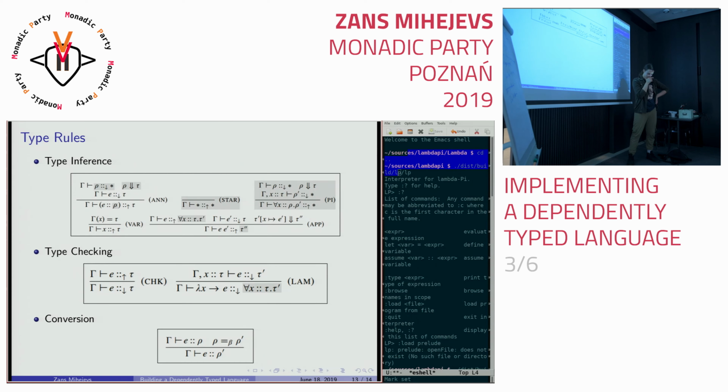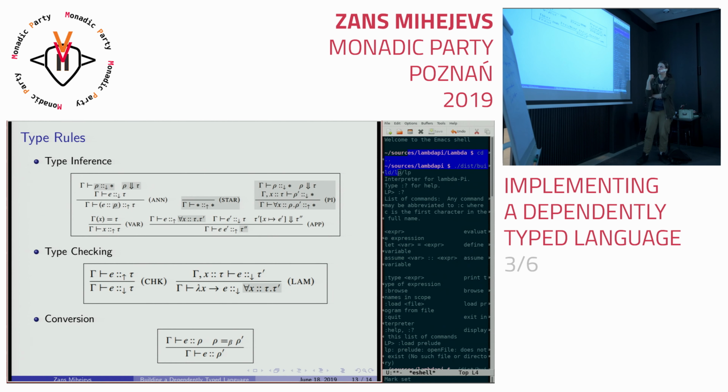So essentially, the research on dependent types came from the desire to formalize mathematics. And there is a correspondence between dependent types and quantifiers in predicate logic.